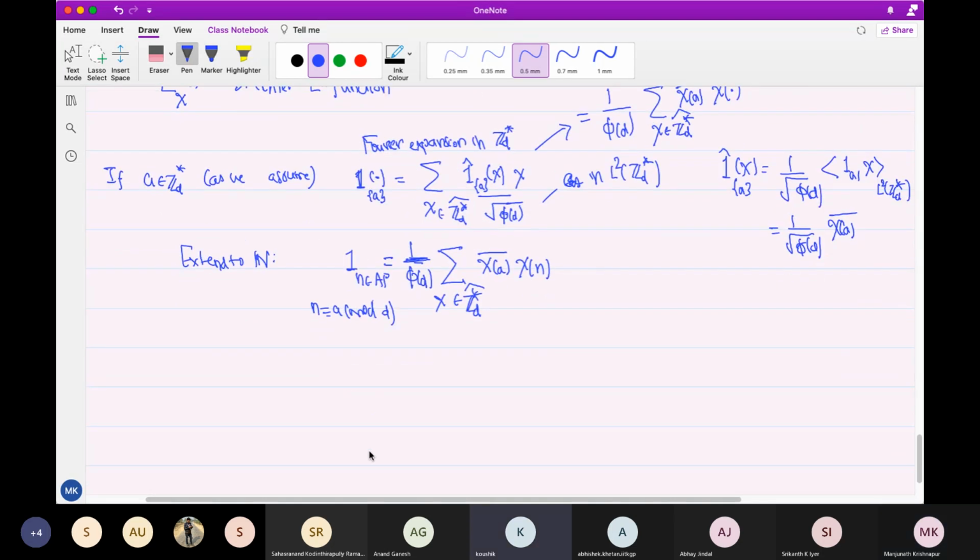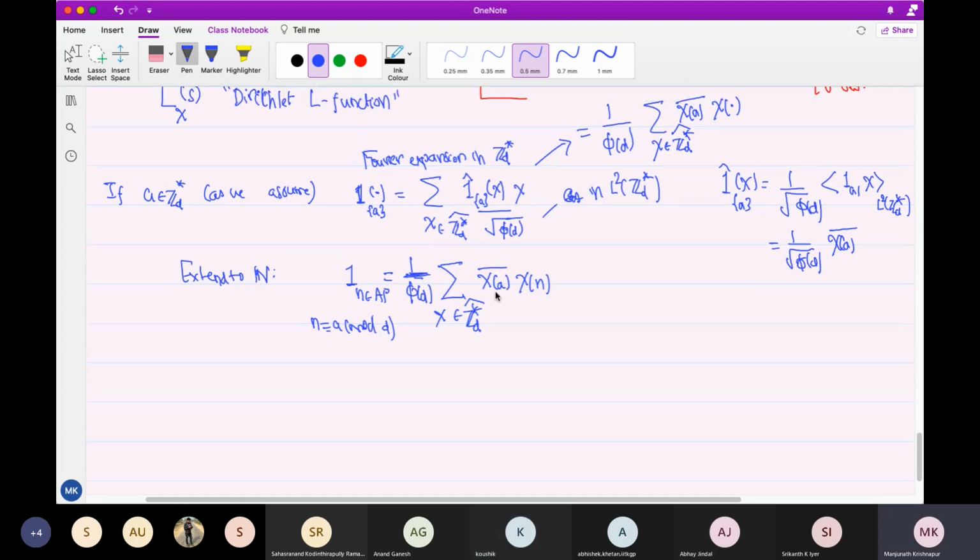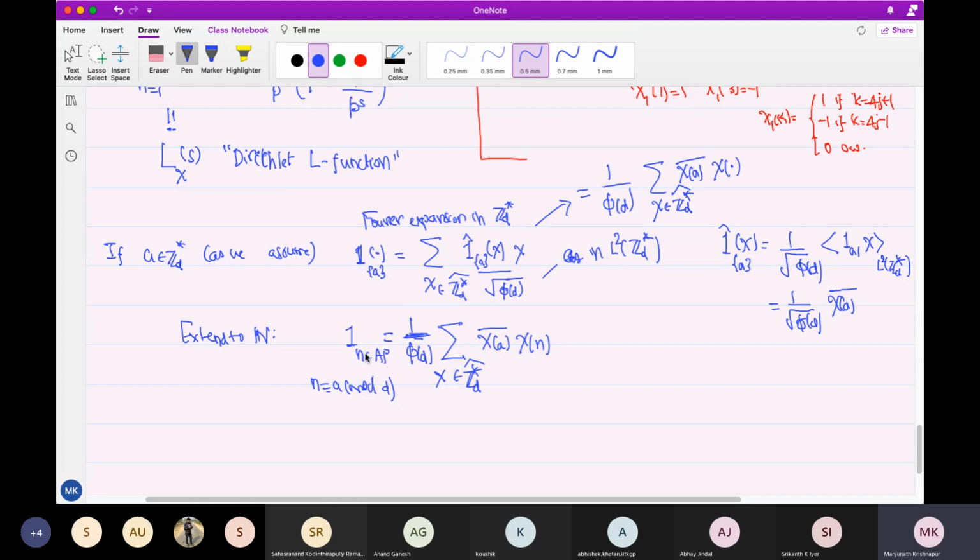No, Manju, it should be chi of n bar and chi of dot. No, this is chi of A bar. First of all, it is the indicator that n is congruent to A mod D. Oh, then they're anyway the same. But then why is it chi of n there? You're evaluating this indicator at n, the indicator that n has that residue.